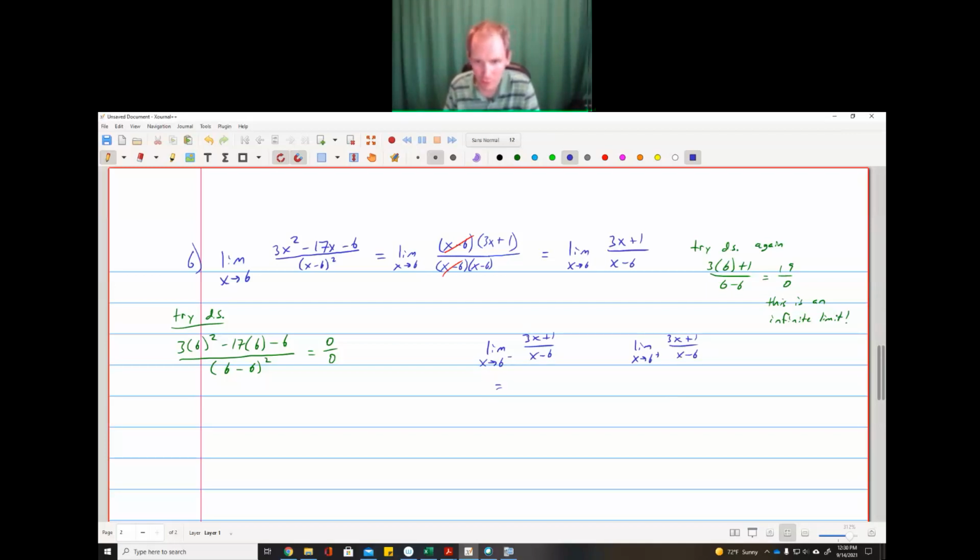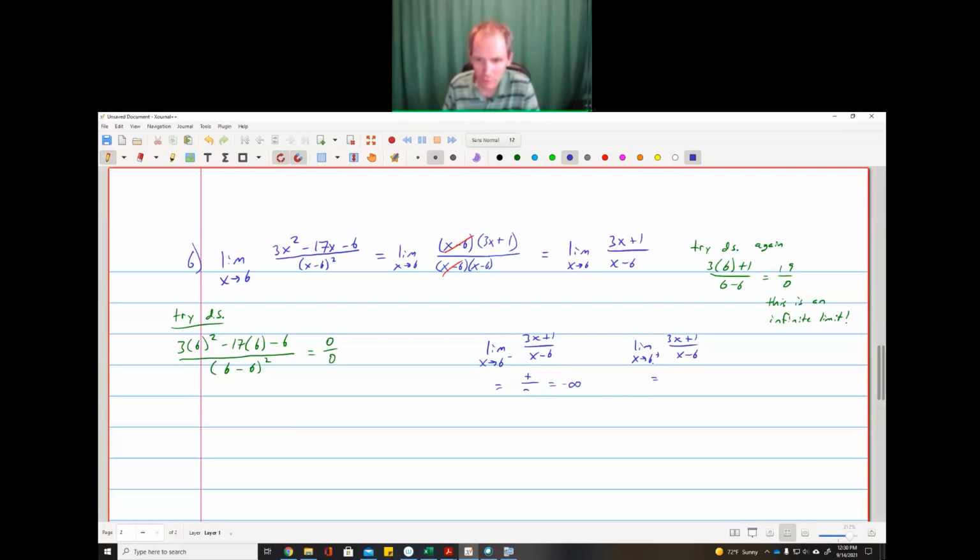When I put in something close to 6, I know in the numerator I'm going to get about 19, right? So that's positive. And when I put in something close to 6, I know the denominator is close to 0. But if I'm approaching from the left, when I subtract 6, I know that my numbers are starting off smaller than 6. So when I subtract, I'll have a little bit of negative, so it'll be a negative.